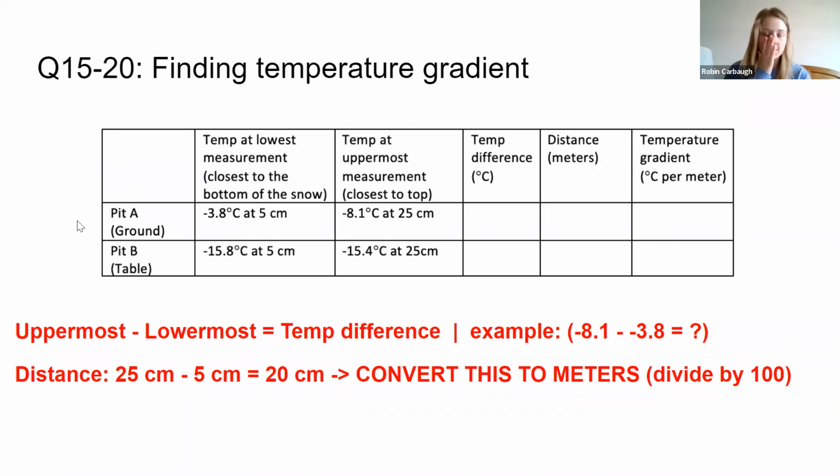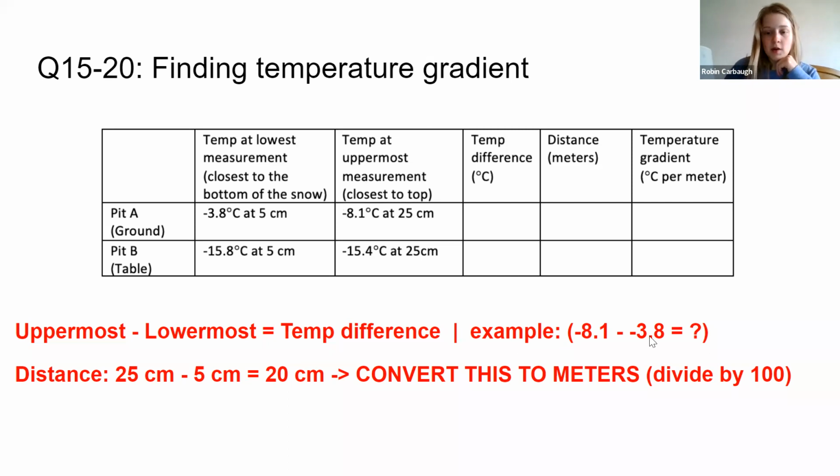Questions 15 through 20 are asking you to find the temperature gradient, that change in temperature throughout the snow pile. And first we would need to know the temperature difference. And so we can find that by taking the uppermost measurement and subtracting the lowermost measurement, looking at the degrees Celsius.